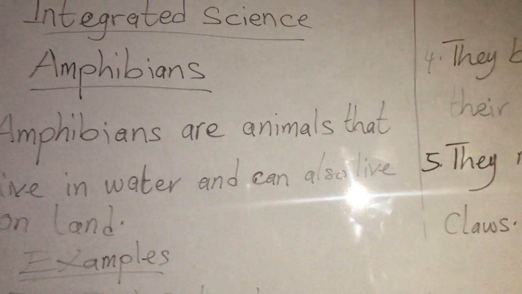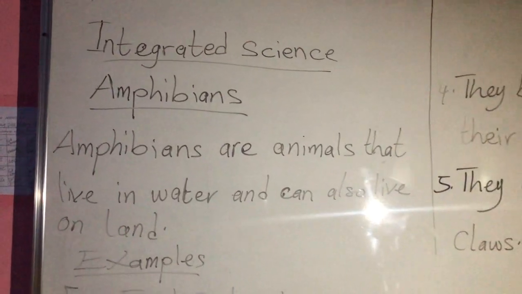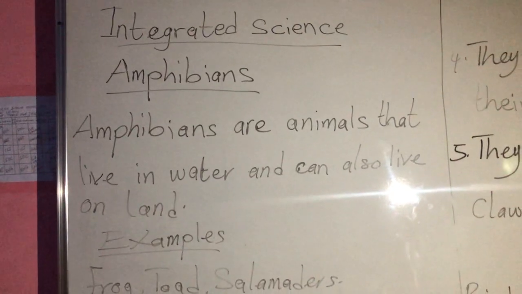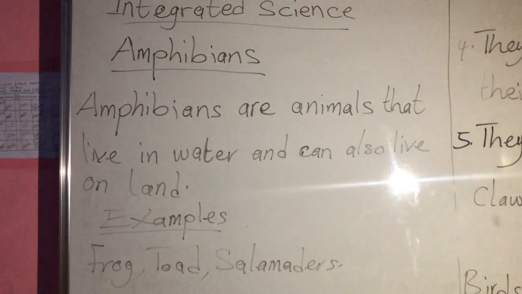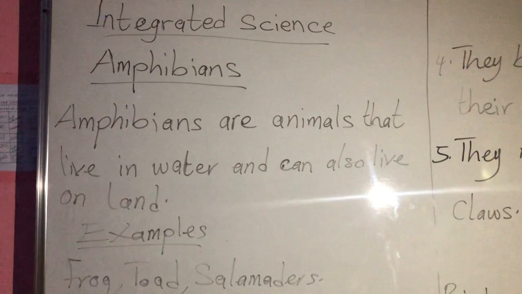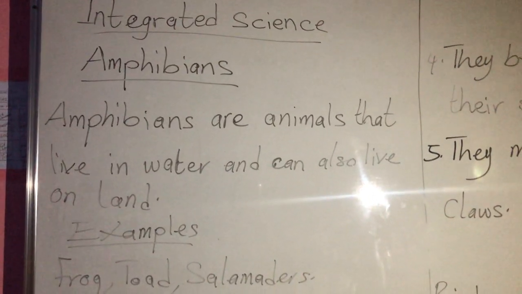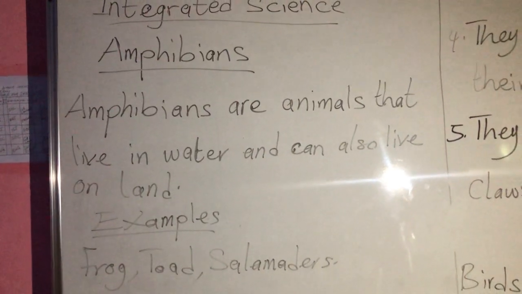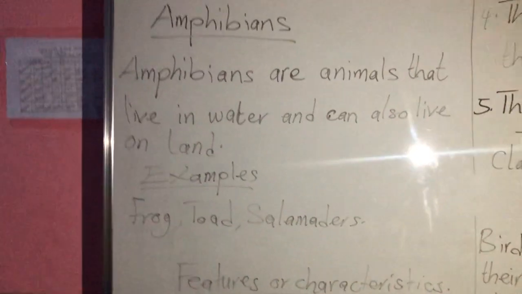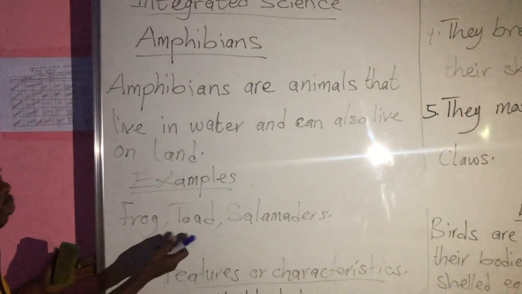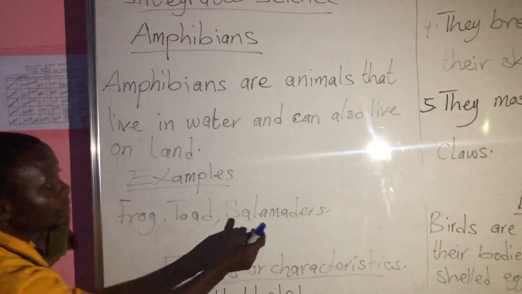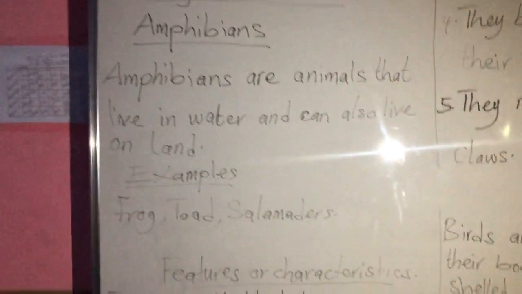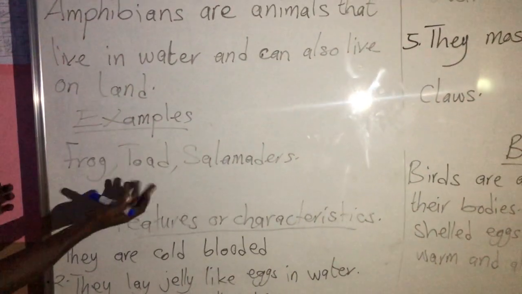Any animal that can live successfully in water and can also live successfully on land is an amphibian. Let's look at some examples. We have frog, toad, and salamander.